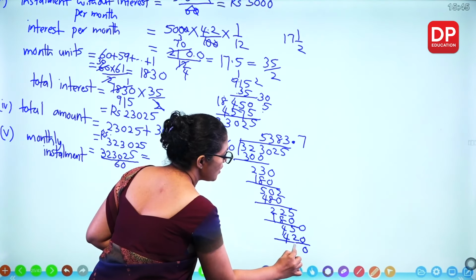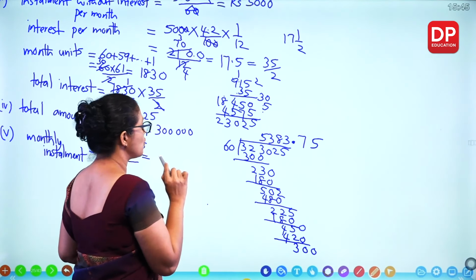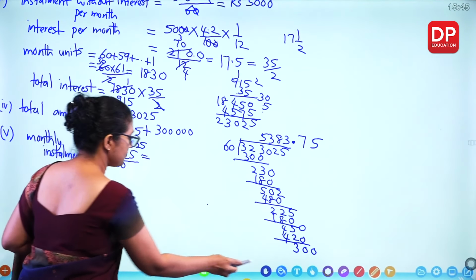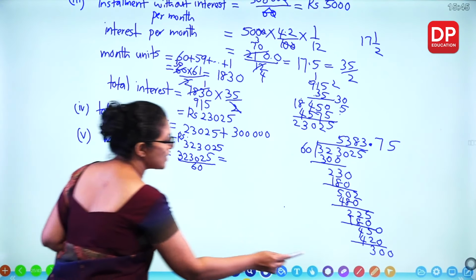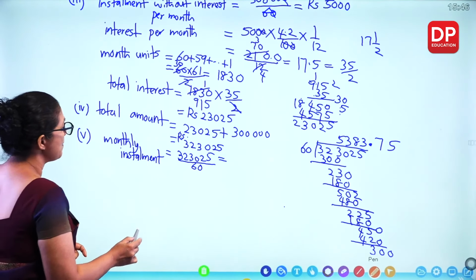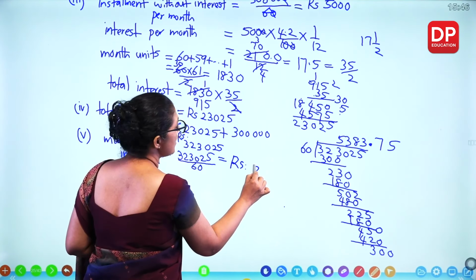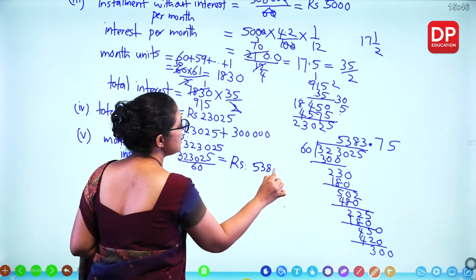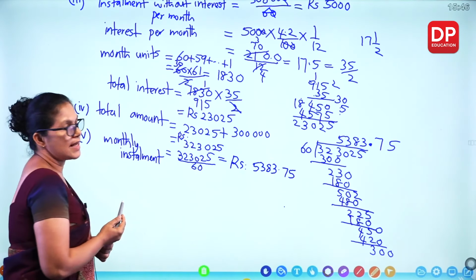So now remaining 300, that's 5. So what's the monthly installment that this person has to pay? That's 5,383 rupees and 75 cents.